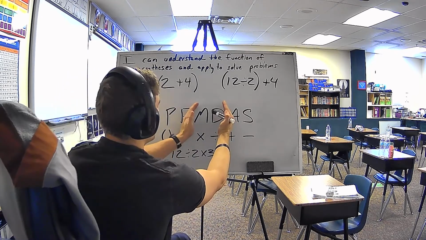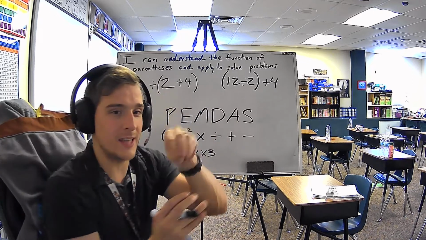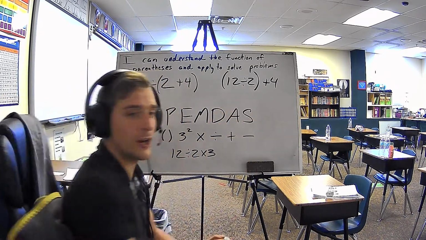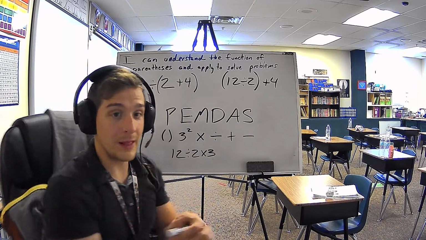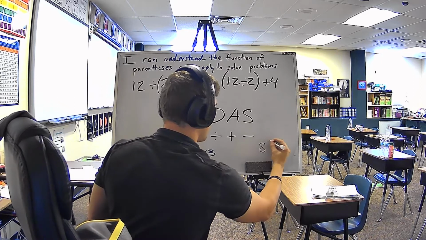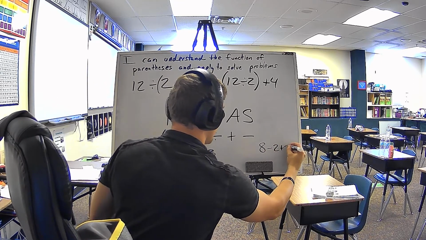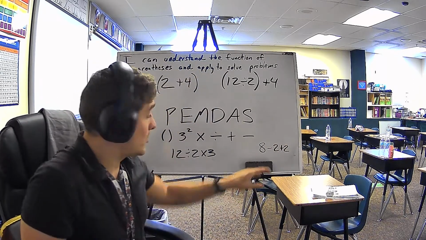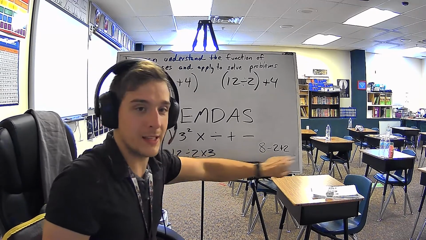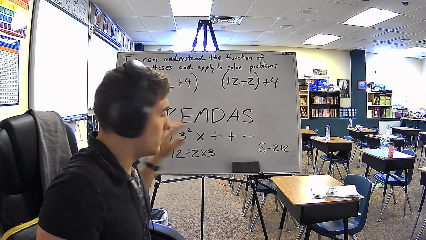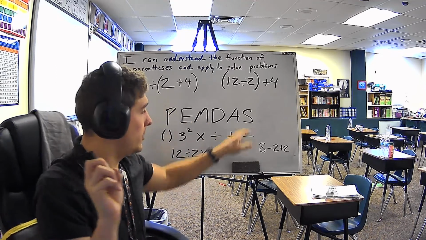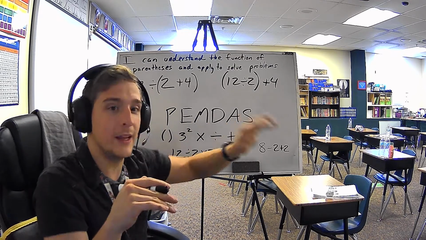It's kind of multiplication and division are in the same section, and addition and subtraction is in the same section. Remember the last problem we did, where we did 8 minus 2 plus 2. And right here, for this one, we just did 8 minus 2 equals 6, and then added the 2 back. But going off of just the bare bones of this, you'd want to add first, and then subtract.